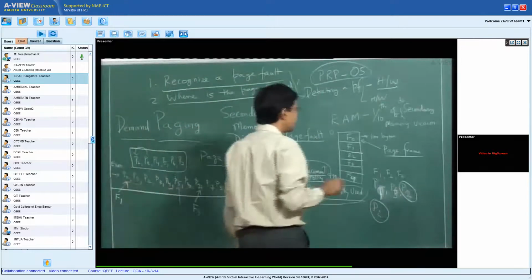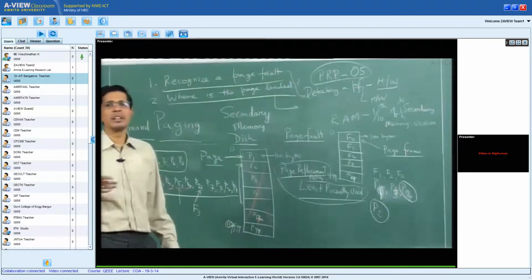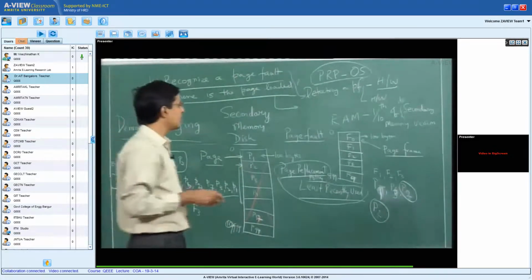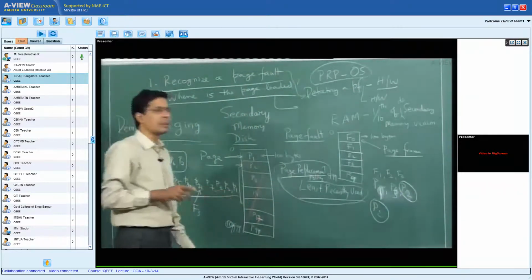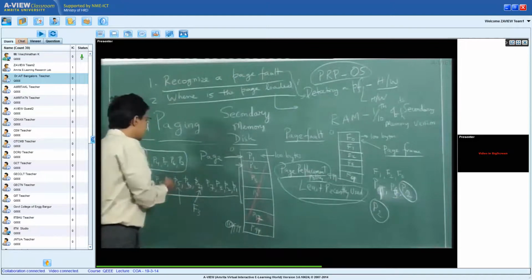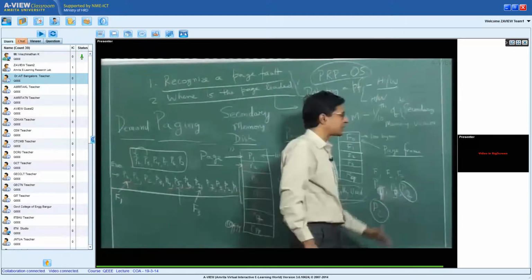I repeat, since you are remote and I don't know whether you understood, I keep repeating at least two to three times. Why do I need to know where the page is loaded? Because a page, as we saw in this example, can be loaded into any of the frames.